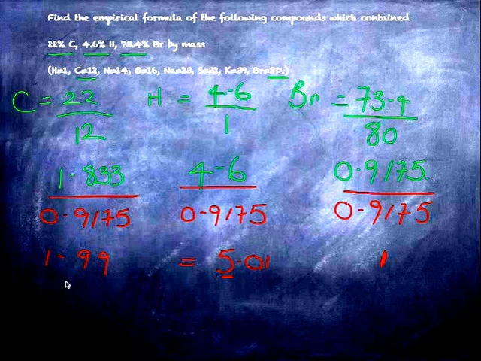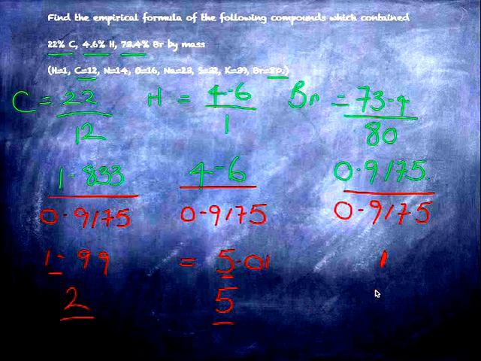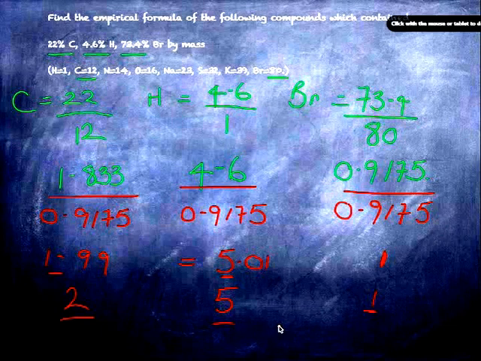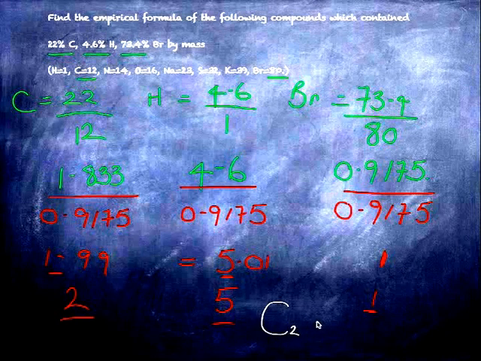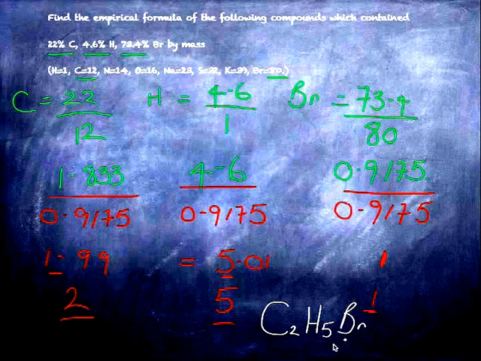And I think you'll agree that that's pretty near to 2. That'll be 5, that'll be 1. So our empirical formula then for this particular compound is going to be C2H5Br. Because it's just a 1, we don't need to bother putting the 1 beside the bromine.